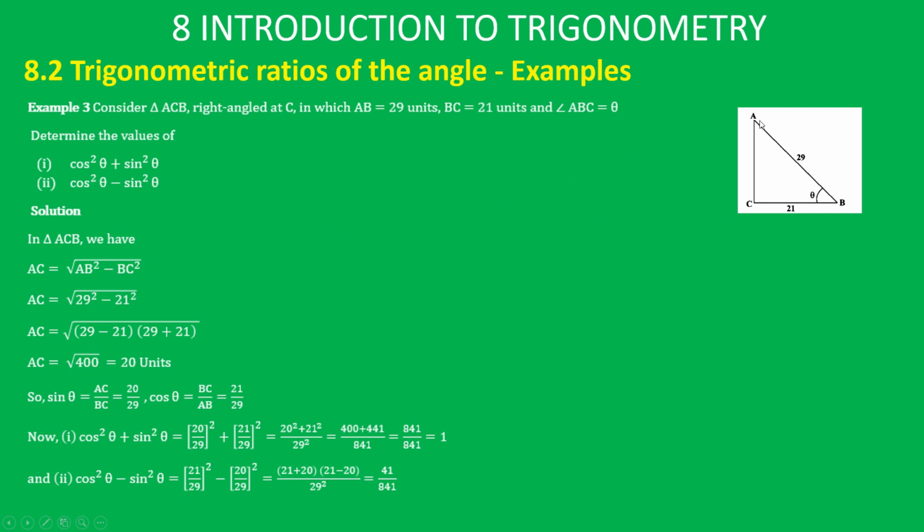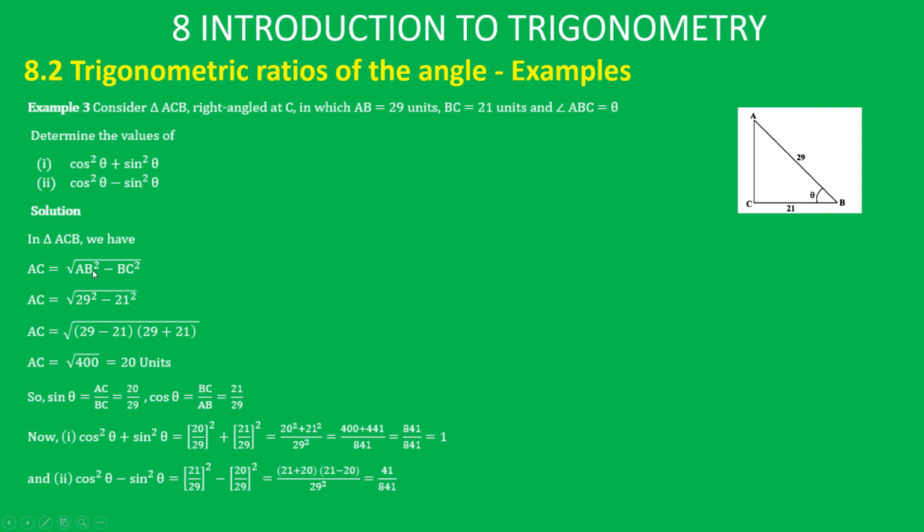What is Pythagoras theorem? AB square is equal to AC square plus BC square. If you rearrange the terms, what happens? AC is equal to square root of AB square minus BC square.